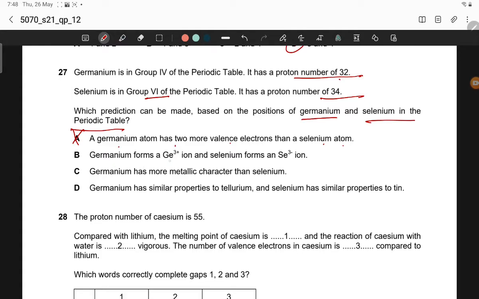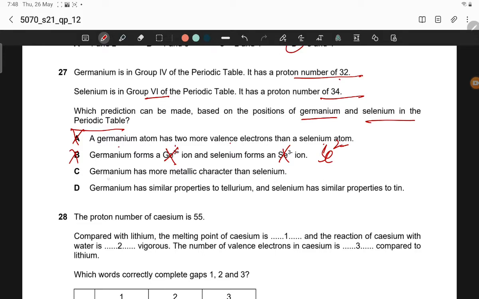Germanium forms Ge3+. It is present in group 4, so it does not form 3+. Selenium is present in group 6. It also does not form 2+, it forms 2-, so it is incorrect. Germanium has more metallic character than selenium.